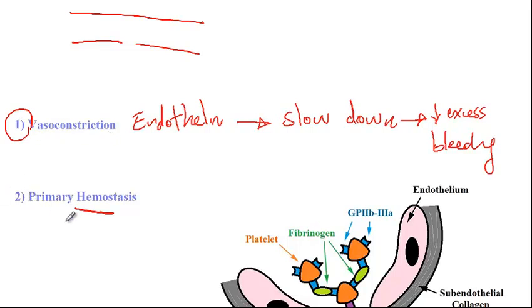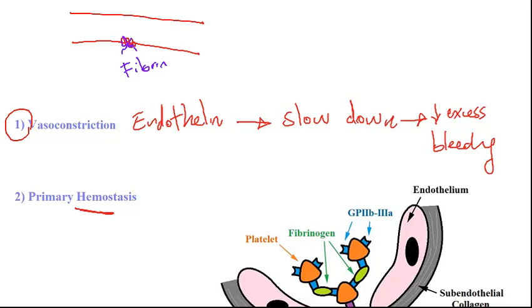The second mechanism is primary hemostasis, where the platelets will come and block the site of injury. But these platelets are very weak and this blood clot can easily break off. So the next mechanism of strengthening a blood clot is secondary hemostasis, where a fibrin mesh will strengthen the blood clot.